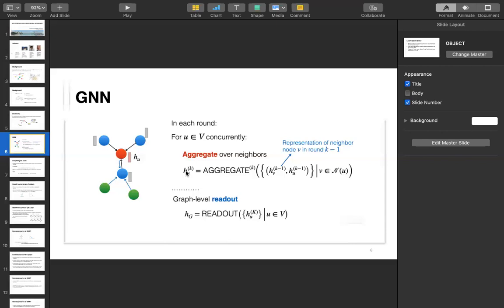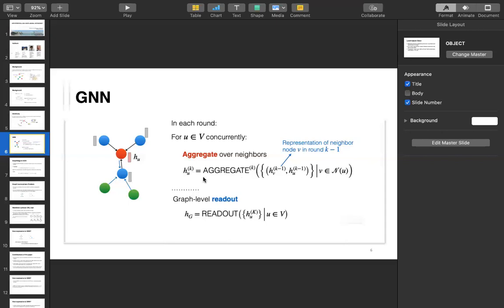It's in the network. A network will learn a function to aggregate all the messages sent from its neighbors. Actually, this aggregate function stands for a type of function, and it can be many.